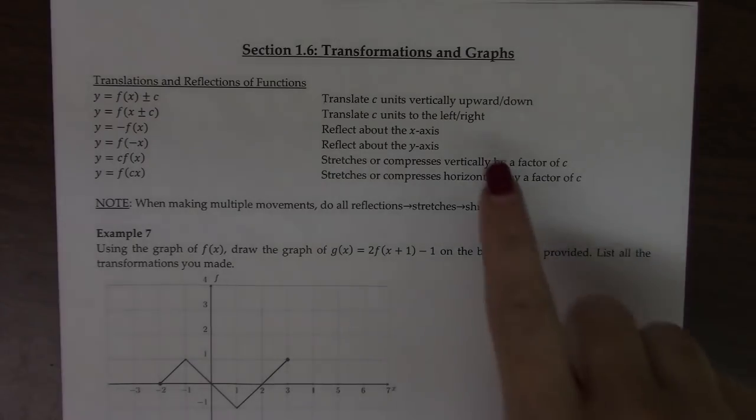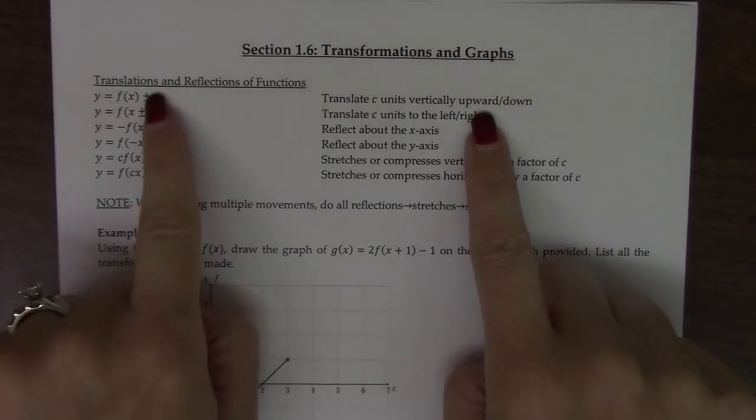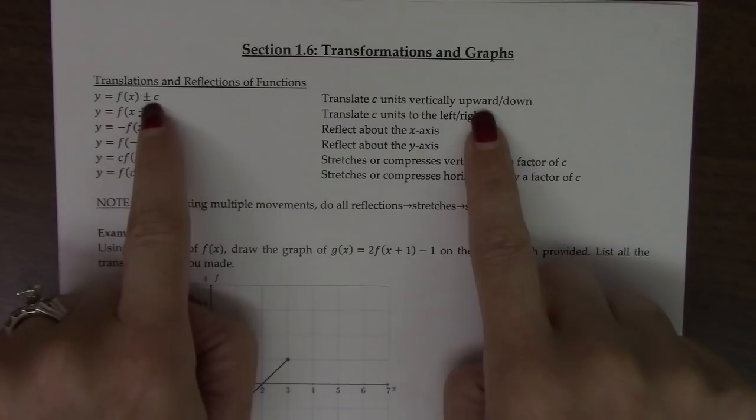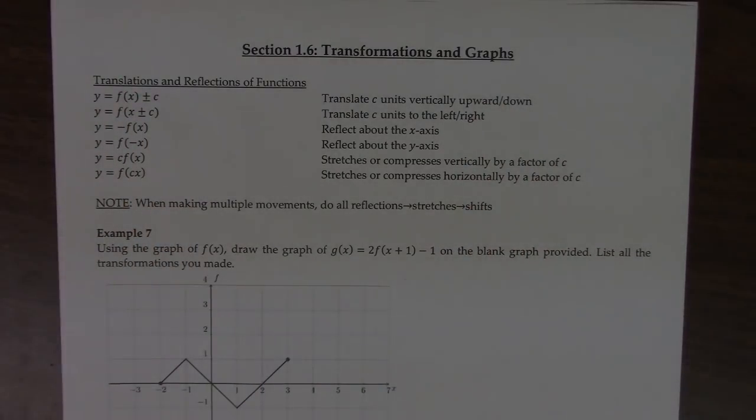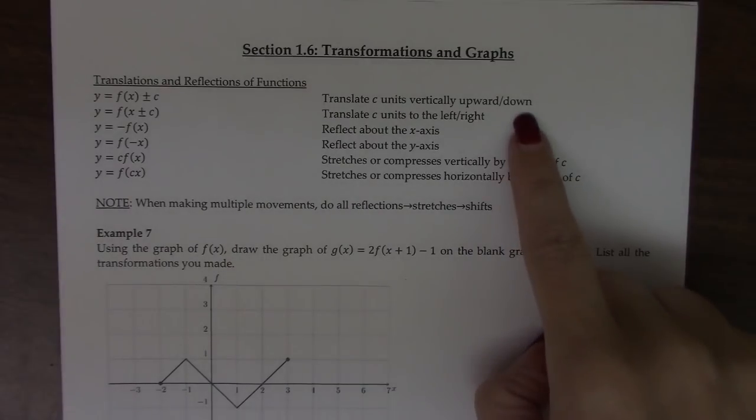So it shifts the graph vertically upward. Upward goes with plus. Conversely, if I subtract 2 from every one of my y values, I'm making all the y values 2 units smaller, and so the graph shifts down by 2 units.